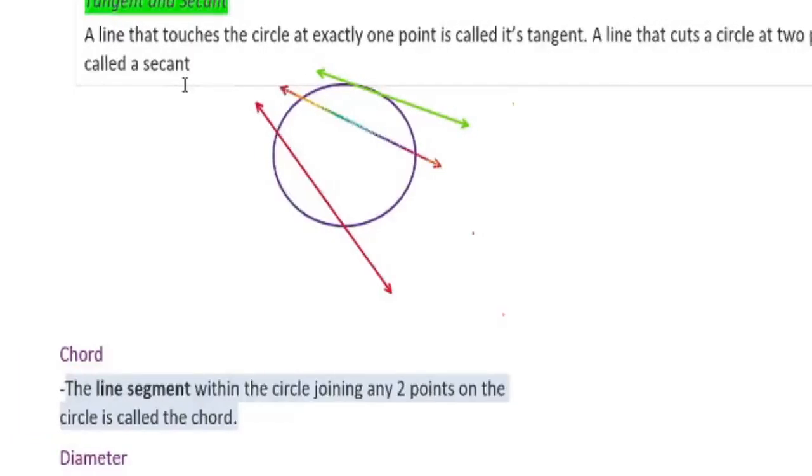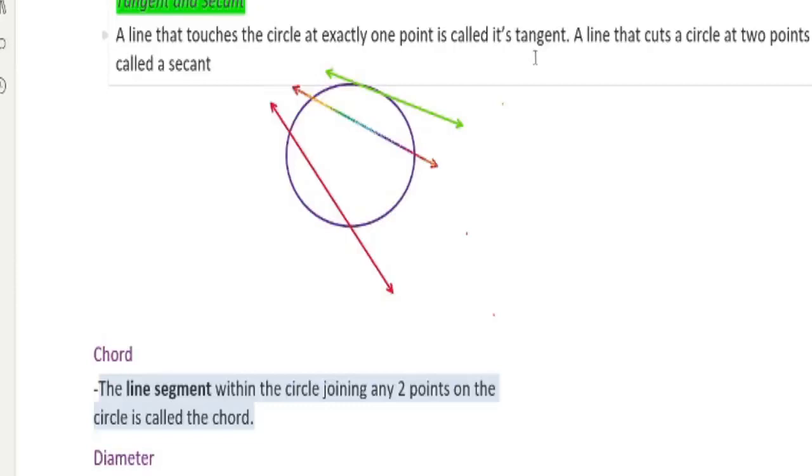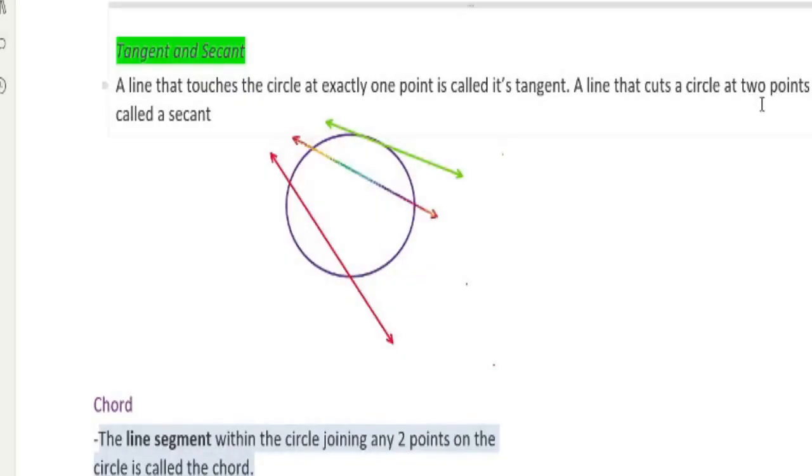A line that touches the circle at exactly one point is called its tangent. And the line that cuts the circle at 2 points is called a secant.